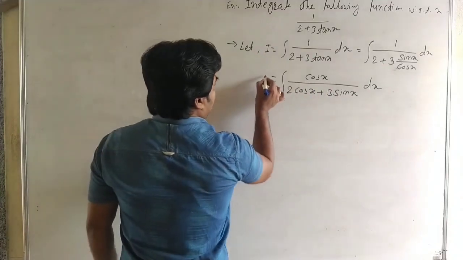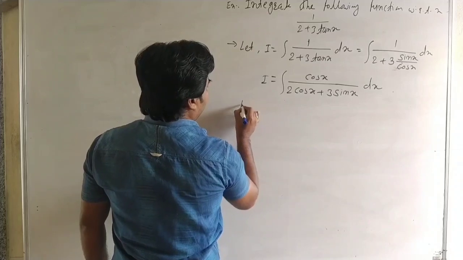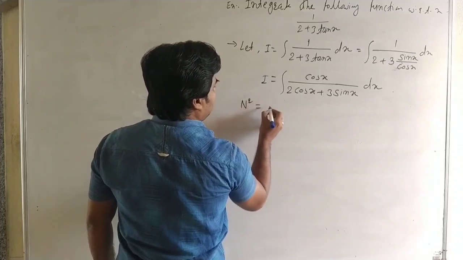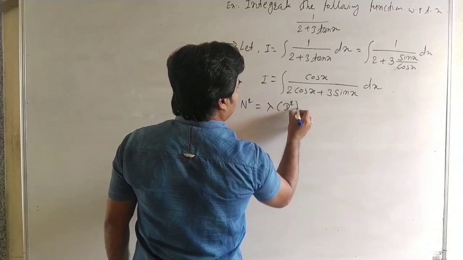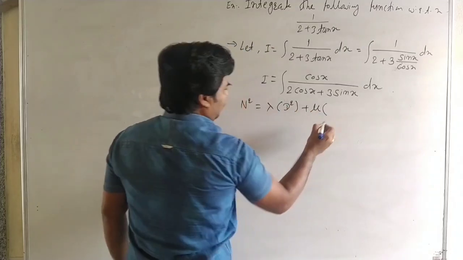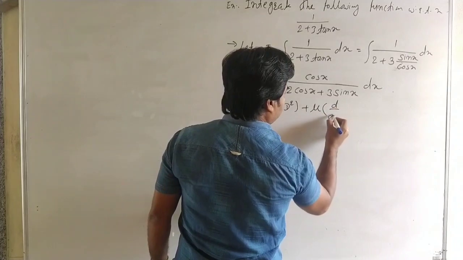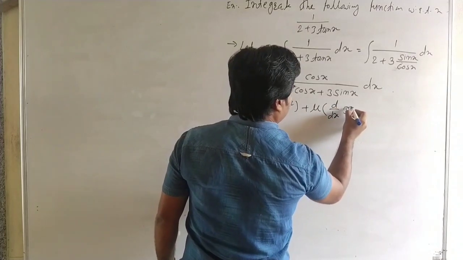Now for the integral, numerator is equal to lambda into denominator plus mu into derivative of denominator. Okay.